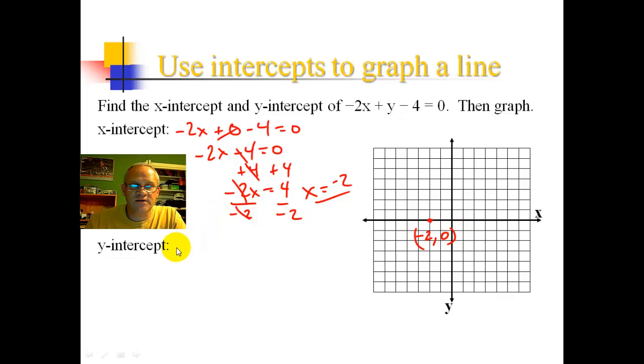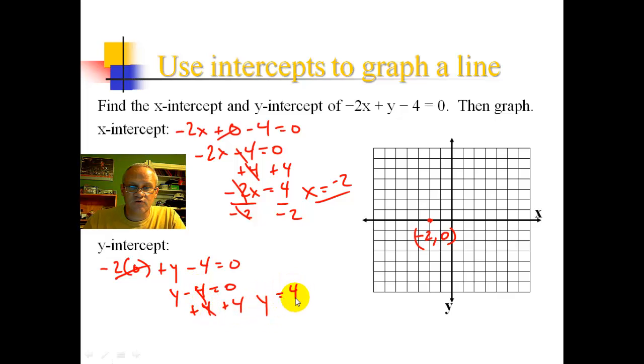Okay, what about the y-intercept? All right, for the y-intercept, we put 0 in for x. So this time it's going to be negative 2 times 0 plus y minus 4 equals 0. I put 0 in where there was an x. 0 times negative 2 just becomes 0, so we don't need it. All I've really got left is y minus 4 equals 0, so then I just add 4.